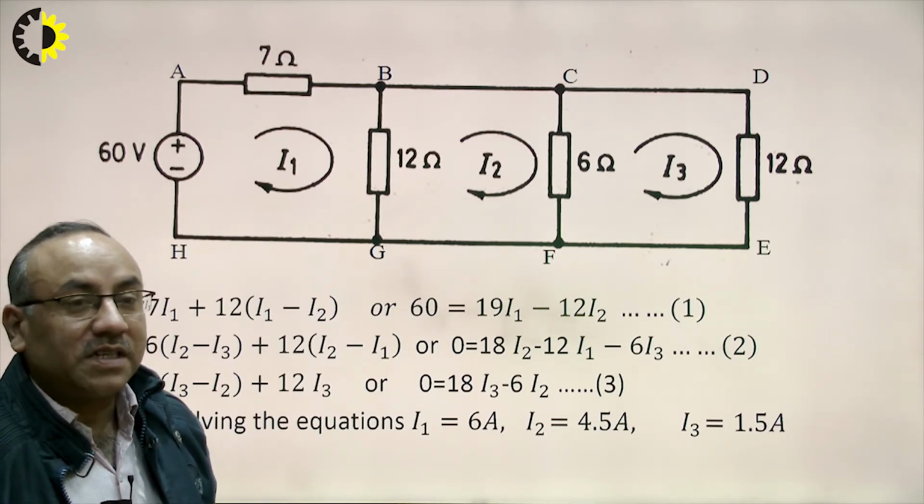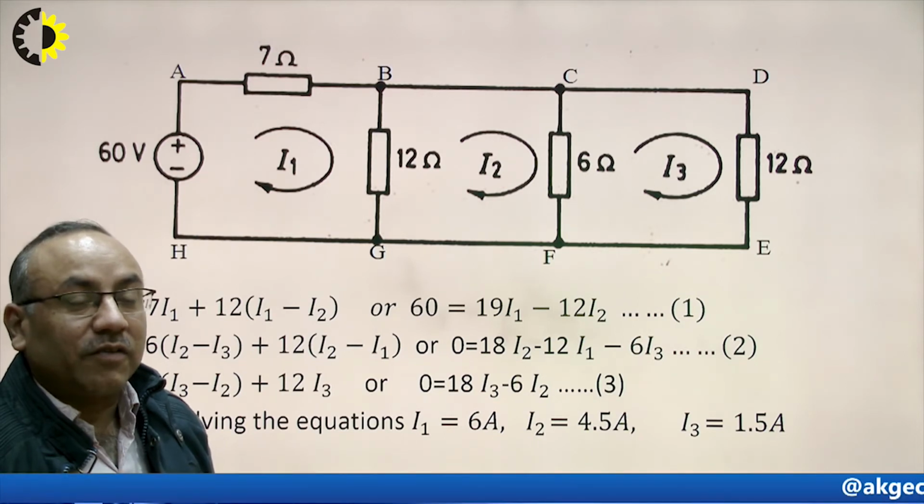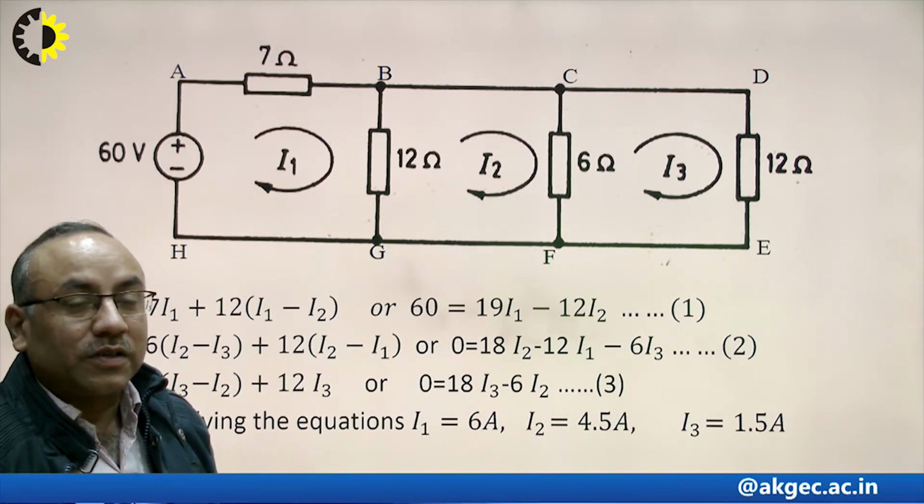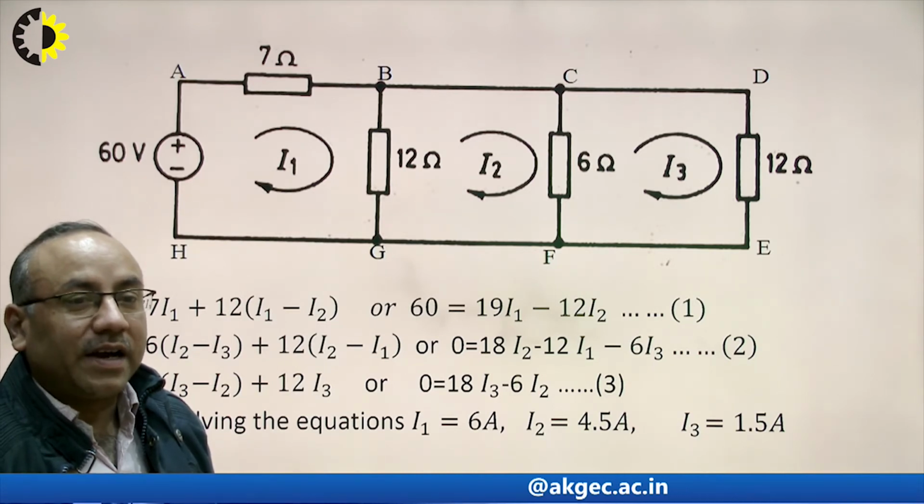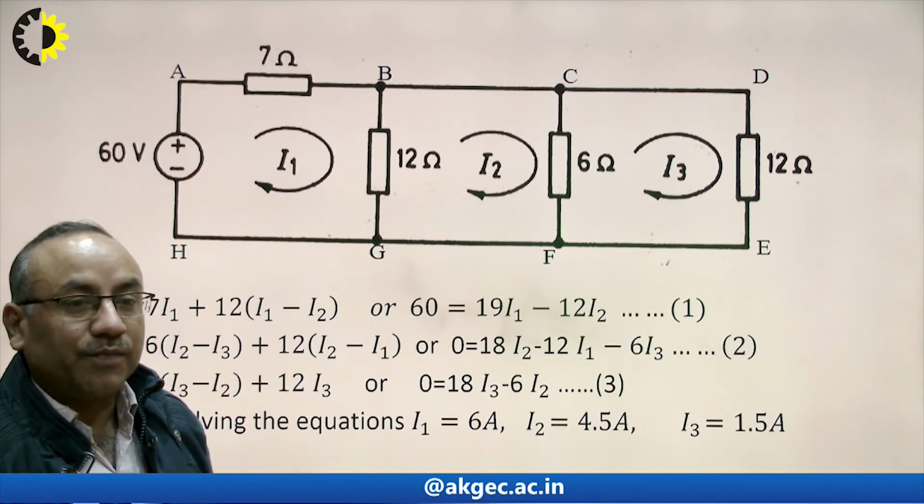On that basis we have written this equation for mesh number 1. On simplifying, this equation becomes 60 equal to 19 I1 minus 12 I2.